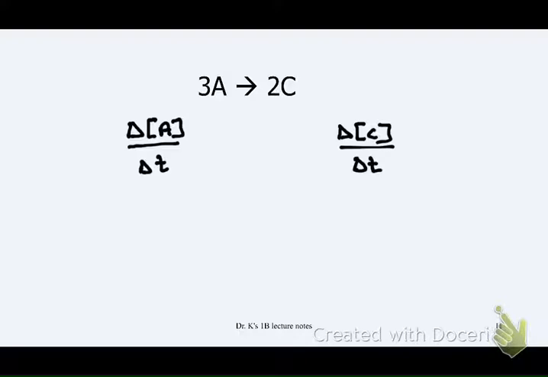Okay. First of all, we know that the sign for A is negative, so I've got to take care of that. So in order to take care of that, I'm going to go like this, because I want to relate these two things together.